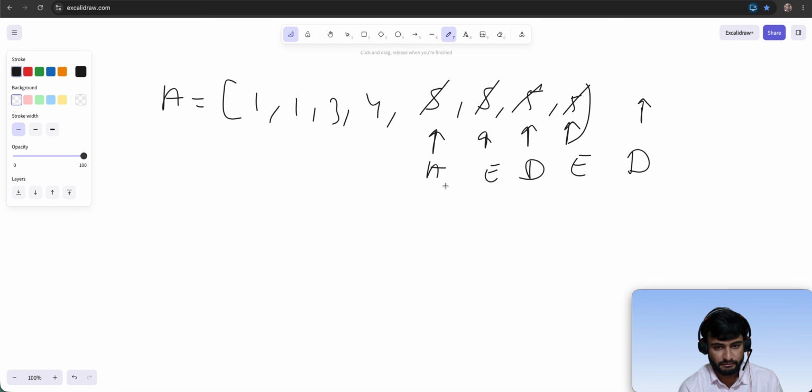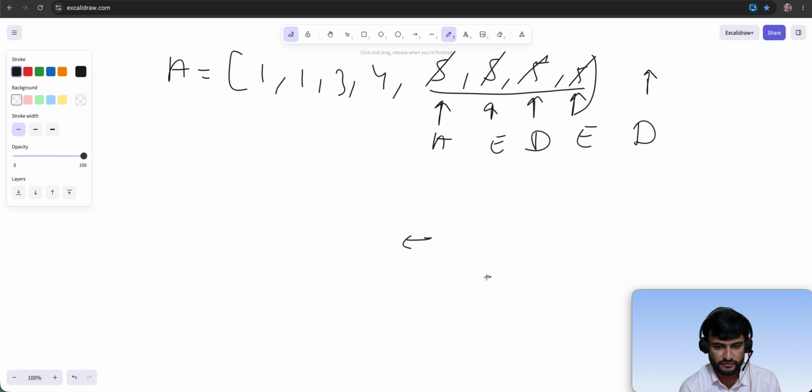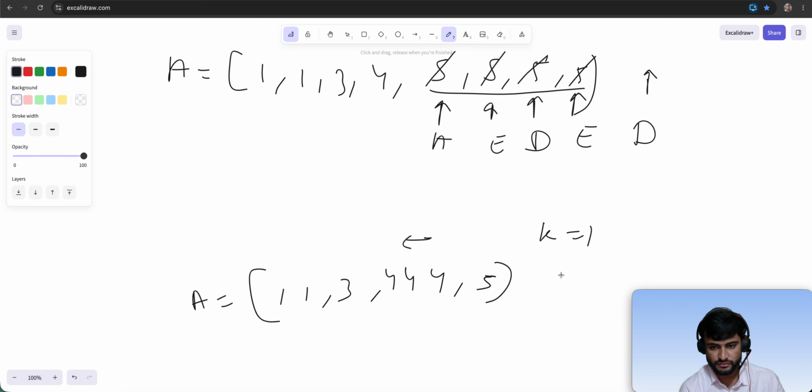Now let's say the count of the maximum value is odd, right? So let's say the count of the maximum value is odd, that is only one 5 is there, and let's say 4, 4 and 4 are there, and any other integers. So this is the maximum value and this is 4, 4, and let's assume k equals 1.